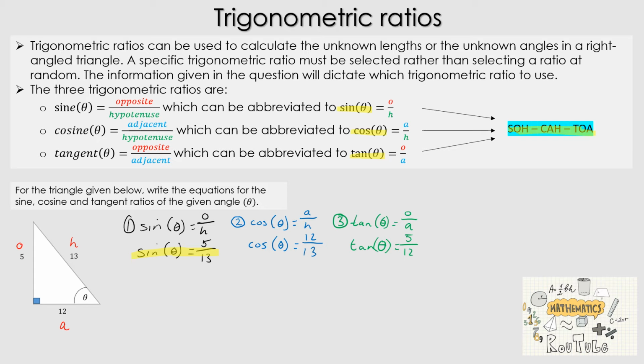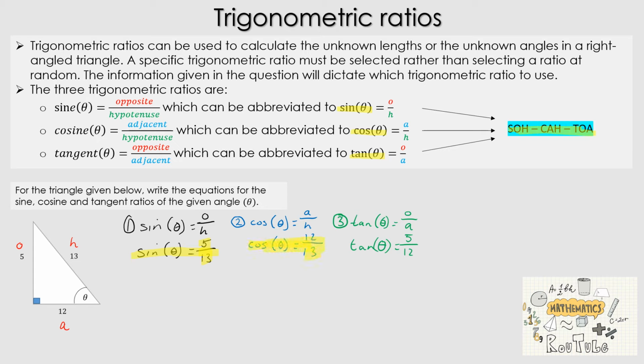The 13 is opposite the right angle, which is why it's the hypotenuse. And the 12 is next to, or adjacent to, the reference angle, so therefore that is A. So we're using sine theta equals O over H, and then just substituting our values of O and H into that ratio.